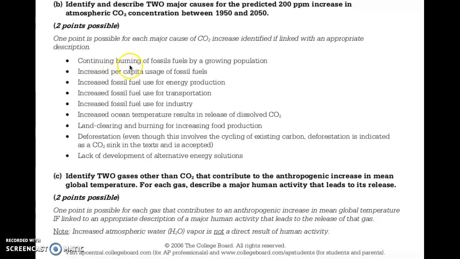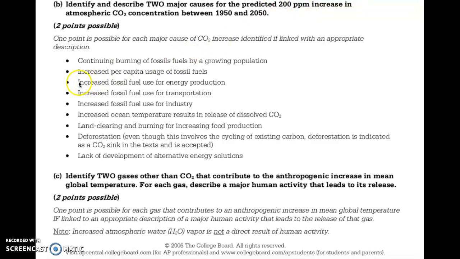So you would have to say that we are continuing to burn fossil fuels and our population is growing, so that's going to continue to increase our carbon dioxide concentration, that 200 parts per million.